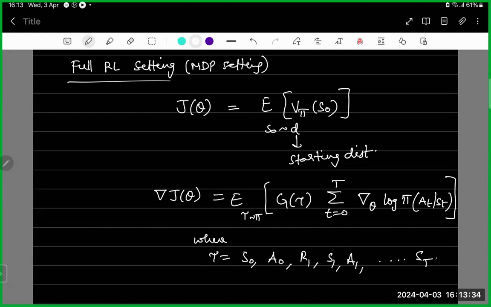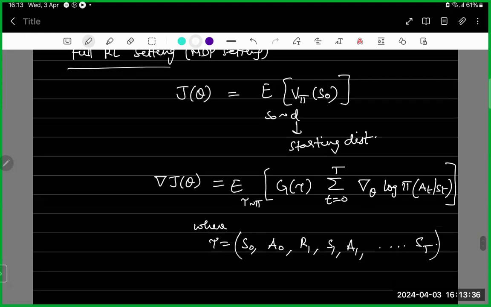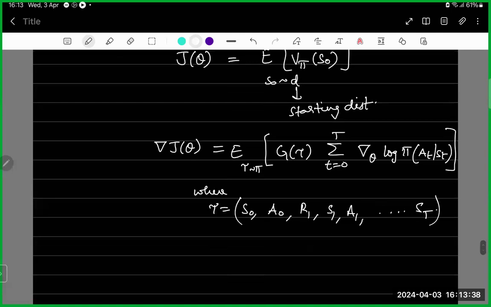Here we'll use the concept of a baseline and get a different version of this formula.